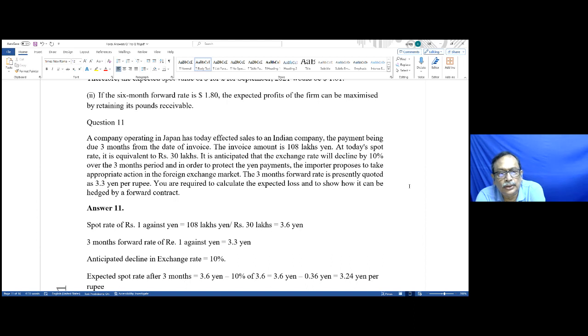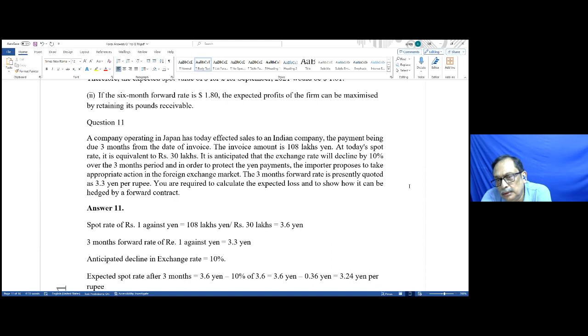Okay, so whatever information we gather from the question, we are first going to jot it down to solve the problem. So spot rate of rupee 1 against yen will be 108 lakhs yen divided by rupees 30 lakhs.